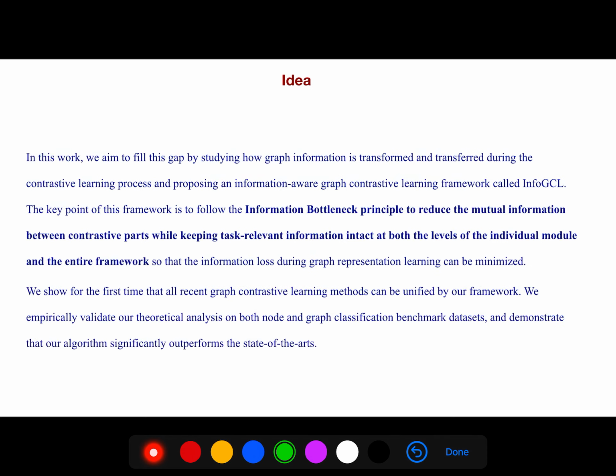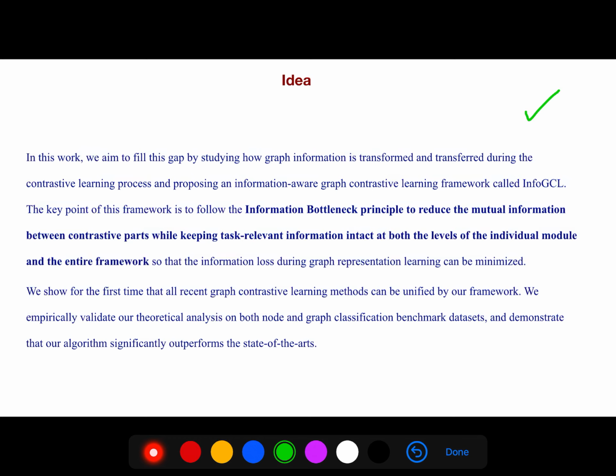and datasets. So in this work, we aim to fill this gap by studying how graph information is transformed and transferred during the contrastive learning process, and proposing an information-aware graph contrastive learning framework called infoGCL.